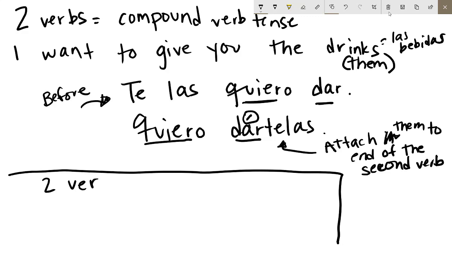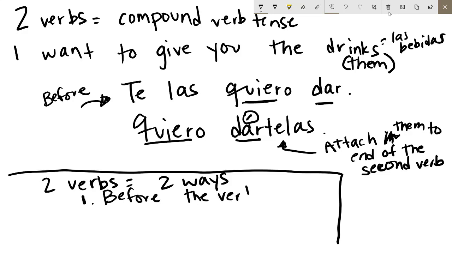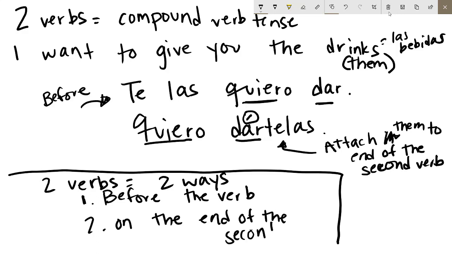Two verbs mean two ways to put the pronouns in the statement. You can either do it, number one, before the verb, or two, on the end of the second verb.